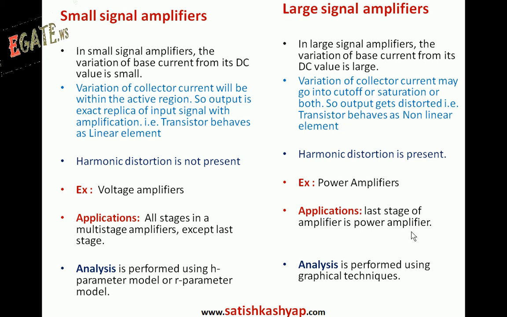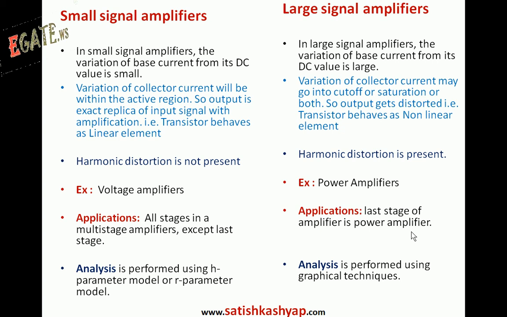That's why the positive portion is clipped off whenever the collector current enters saturation, and whenever the collector current enters cutoff region, again it doesn't respond to the input changes, so it becomes zero ideally. So the negative portion of the input waveform will be clipped off whenever the collector current enters cutoff region.